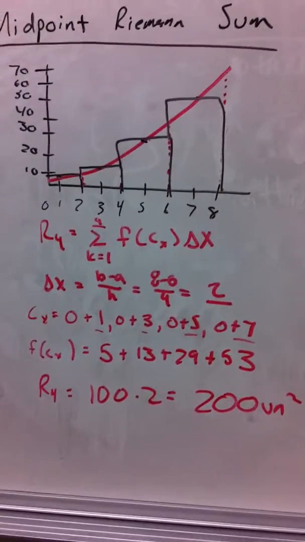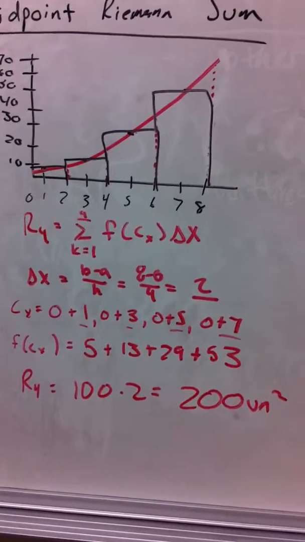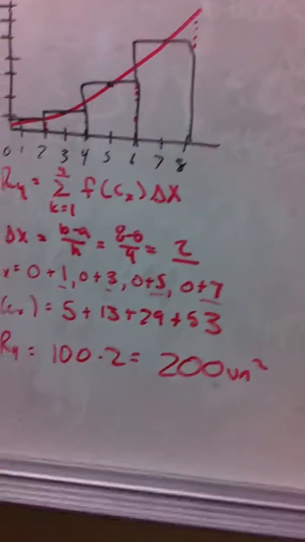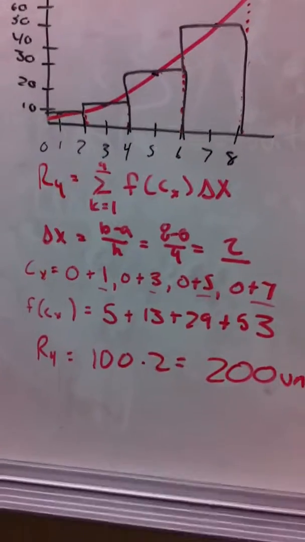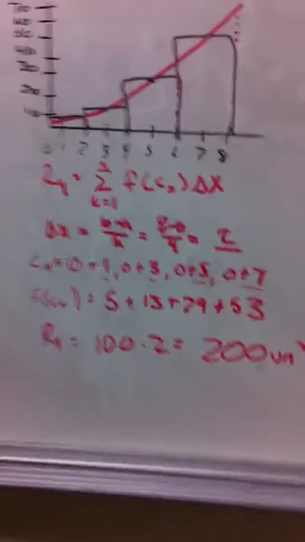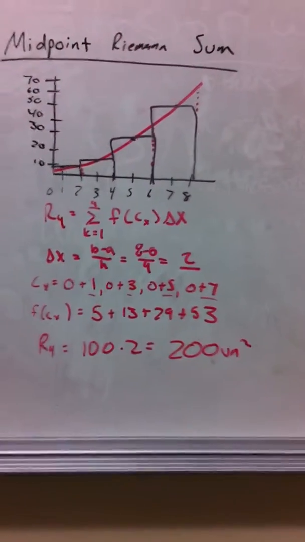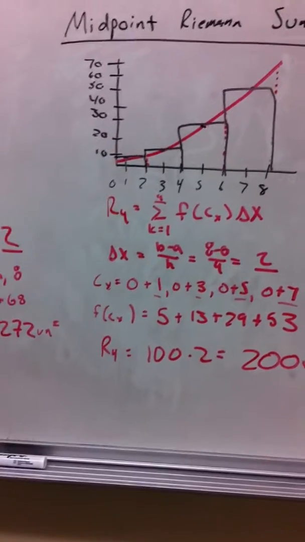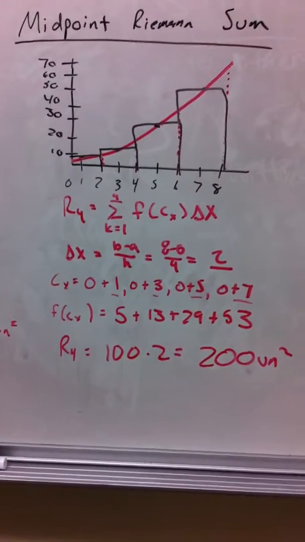Delta x equals 2. For c sub x, we have a plus 1 half delta x, a plus 3 halves delta x, up to a plus n minus 1 half delta x. So the first one is 1 half delta x. Delta x is 2, and 2 times 1 half is equal to 1. So we have c of x at 1, then 3 halves times delta x is 3, and so on, which gives you 5 and 7.